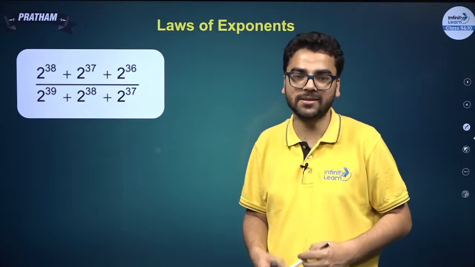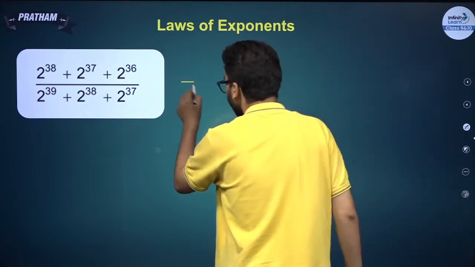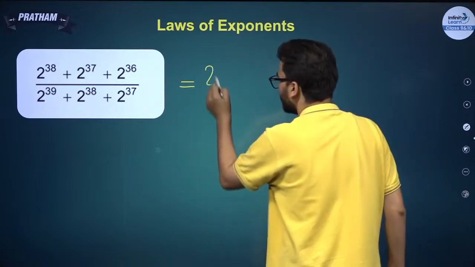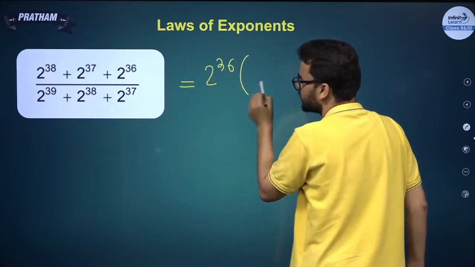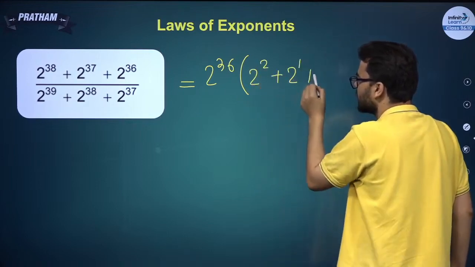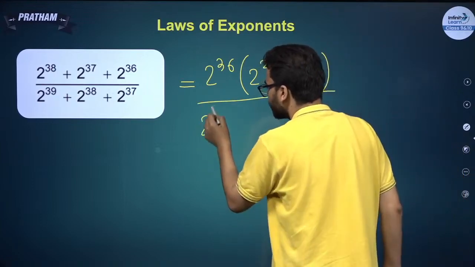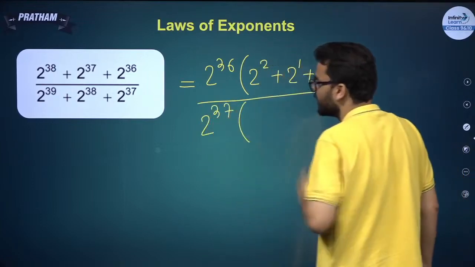What about other students? So over here, guys, can I take 2 raised to the power 36 as common in the numerator? Just see it. So I will be left with 2 square plus 2 raised to the power 1 plus 1 in the numerator. In the same manner, can I take 2 raised to the power 37 as common in the denominator?